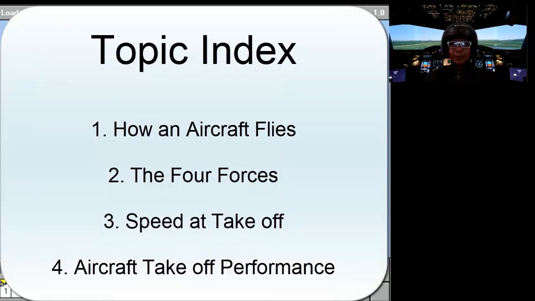So the topic index for today is how the aircraft flies, the four forces, speed at takeoff, and aircraft takeoff performance.